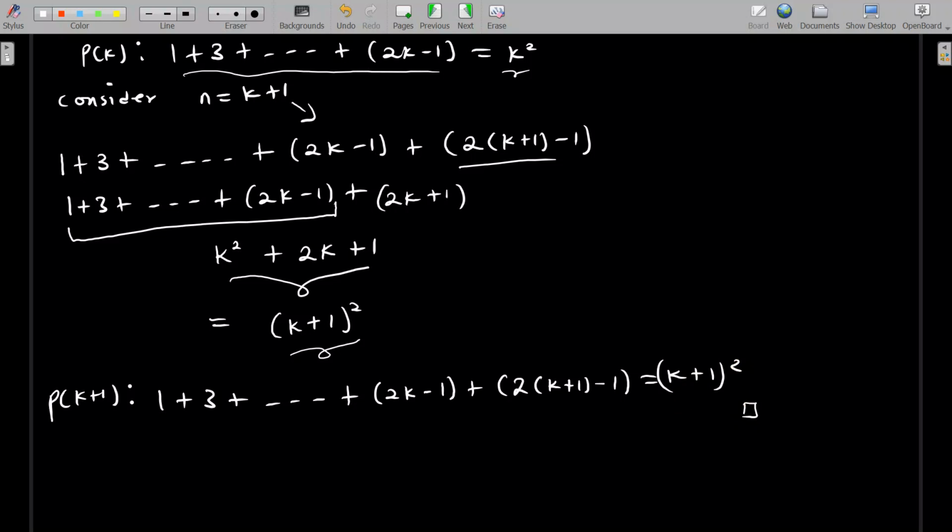And so that is your proof. So you conclude that the claim is true by mathematical induction. All right, I'm going to call it MI. So that's how you use the first principle of mathematical induction to prove such statements.